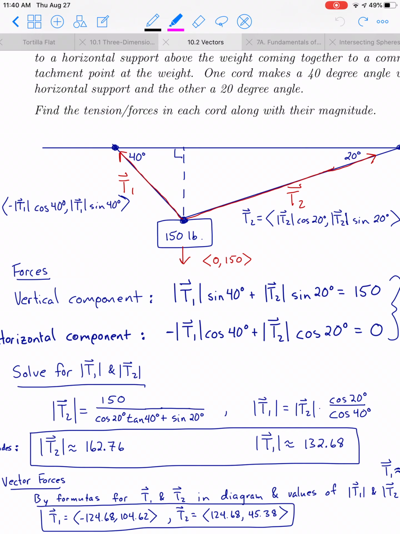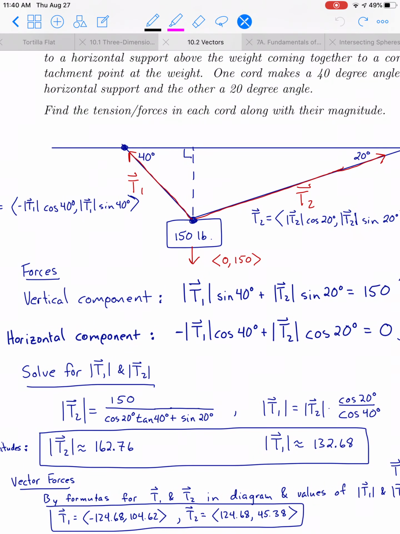With these two equations, recognize that sine of 40 degrees, sine of 20 degrees, cosine 40, cosine 20, are all constants. We have two unknowns, T1 and T2. So this is a system of equations, and we can solve for the magnitude of T1 and the magnitude of T2. Before we plug everything into a calculator, it should look like this, just so students have a hint as to what to fill in here.